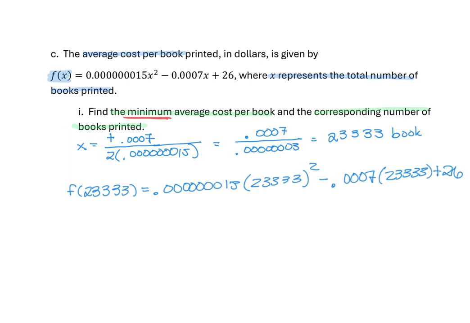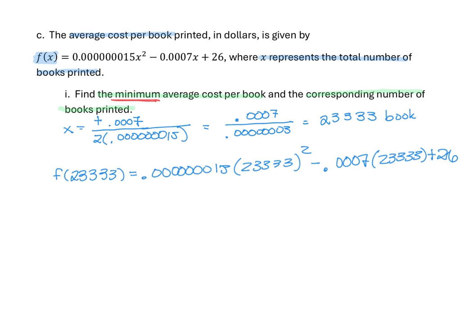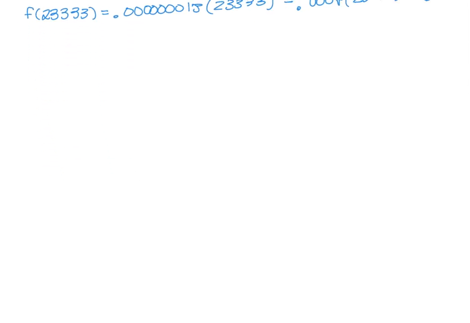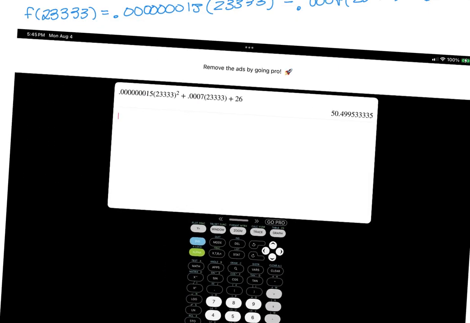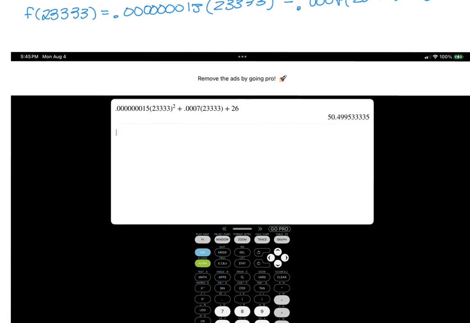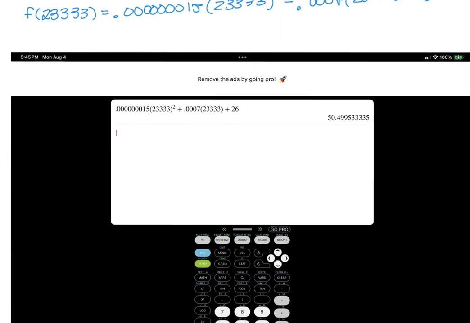Okay, so let's go ahead and plug this into our calculator. All right, and if we plug this into our calculator, this is what I come up with. I get about $50 per book.